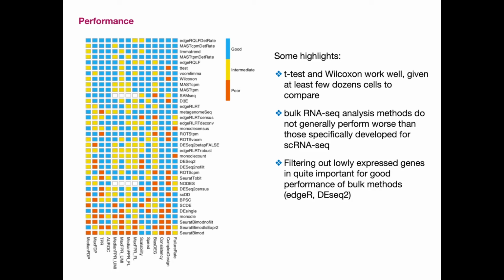And then also in these methods where they use bulk tools, they say that it's really important to filter out the lowly expressed genes, the ones that are only detected in a few cells, before running the test, especially if you start modeling dispersions and so on.